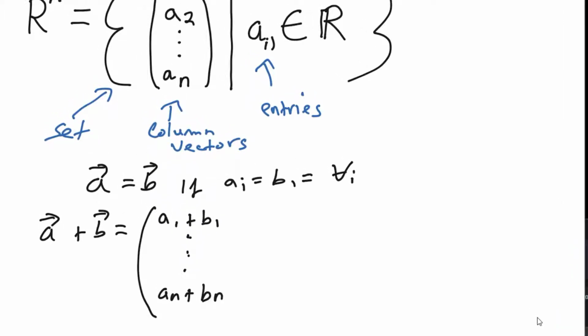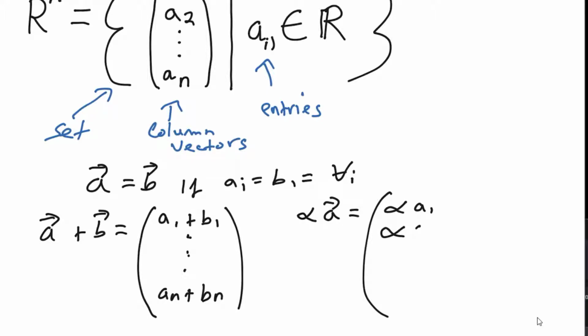So we know about the addition of vectors. We also know about multiplication by a scalar. So alpha A equals, and again, alpha A1, alpha A2, we can go all the way to alpha AN.